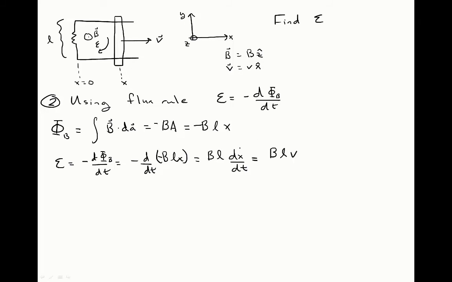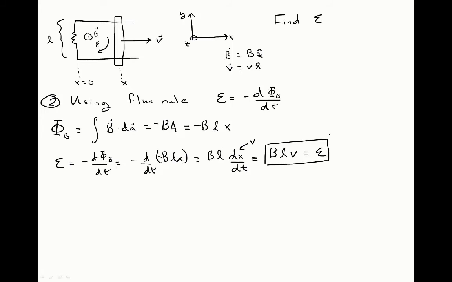What I'm doing here is using the definition, because you know that the change in position over the change in time gives you velocity. Derivatives are basically the same thing. So we get BLv. Oh, it's the same result we got last time. Well, that's good. So you can use the Lorentz force law, and you can use the flux rule, and get the same answer.